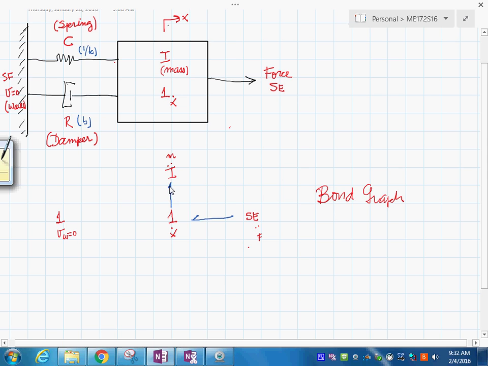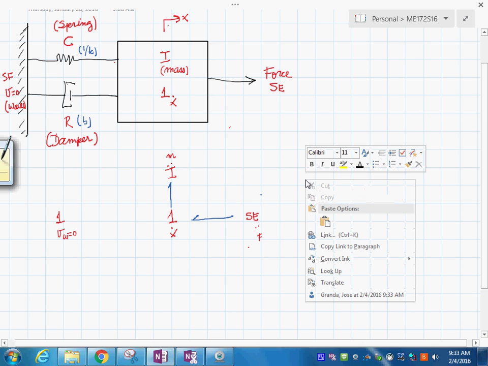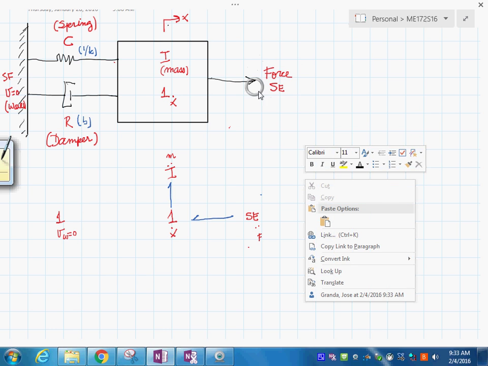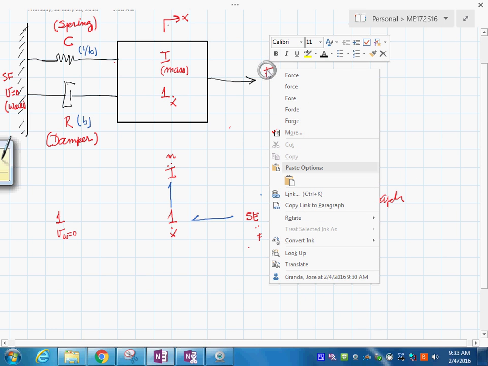I mean, you apply the force on the mass is what I was trying to say. This is the way we represent the mass. That's what you see now here.